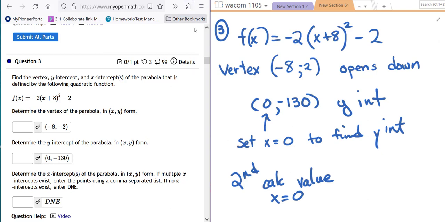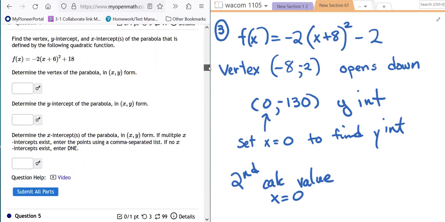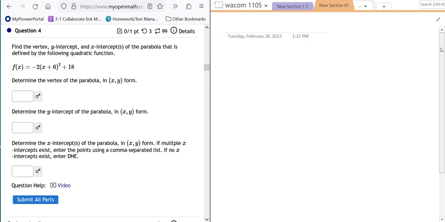Okay. And you could also do it by hand if you wanted, but you really want to learn to use your calculator. All right, so this one's going to be the same type of question. Gives us a function.